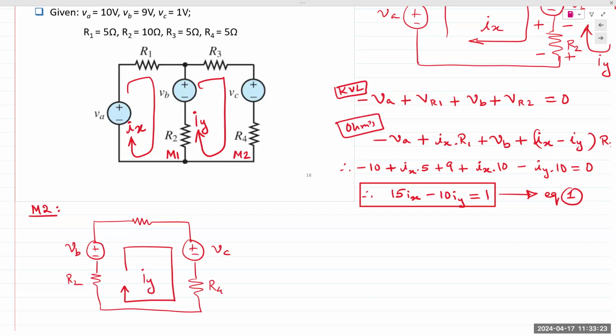This is IY. This is IX. Plus, minus, plus, minus, plus, minus for R3. And I am ready to apply my KVL.